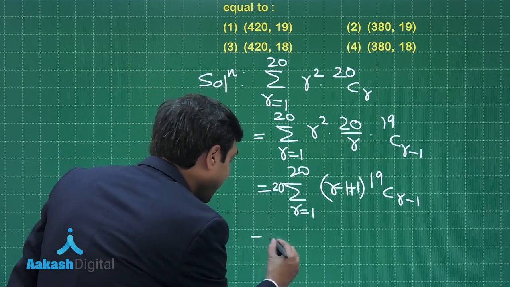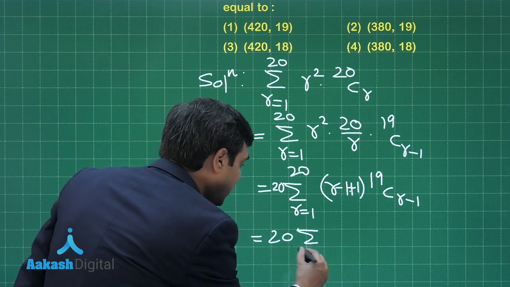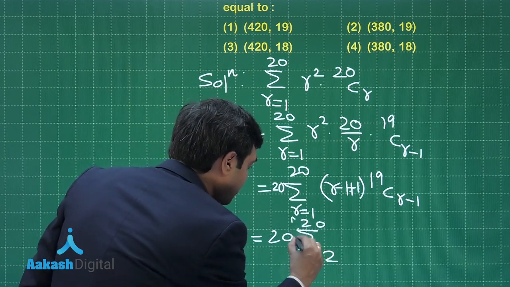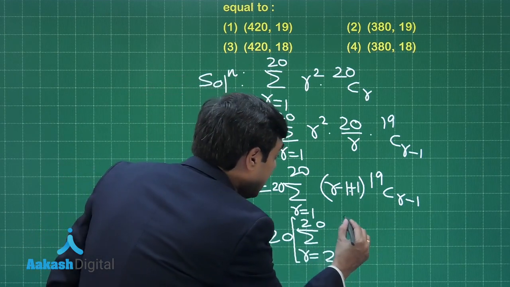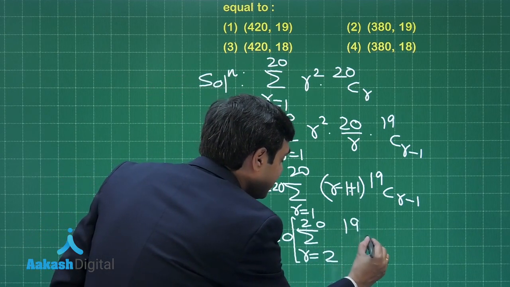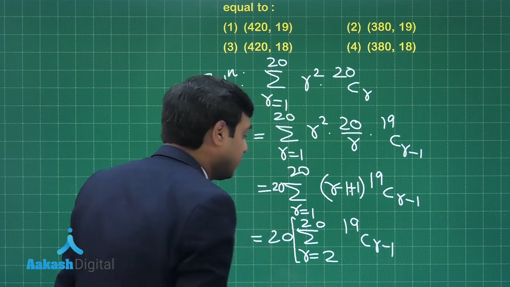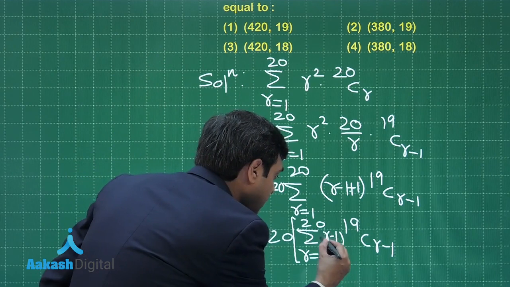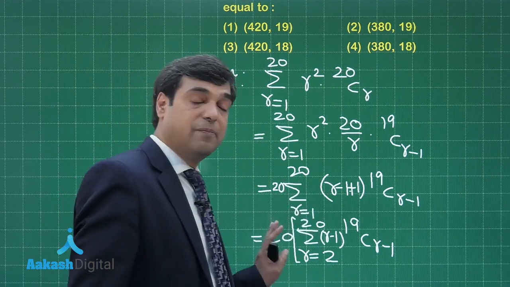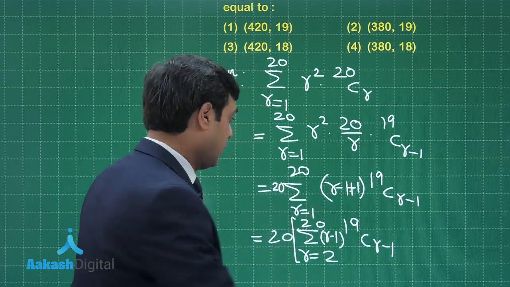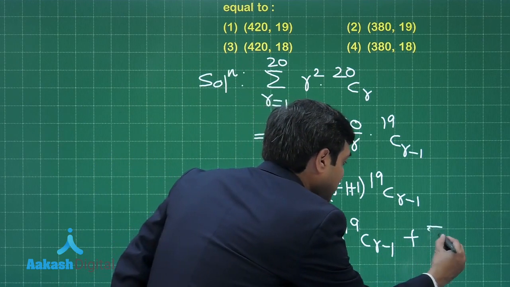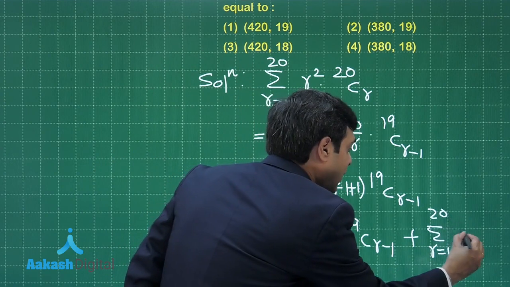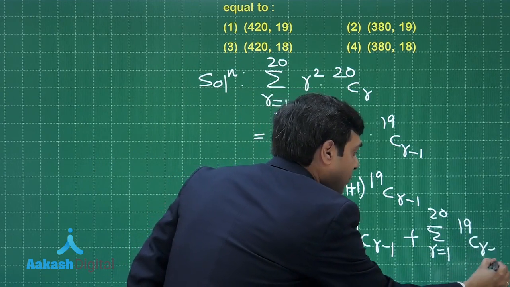So you can break it as 20 into summation r is equal to 2 to 20, let's put it in a bracket, then 19 C r minus 1, because r minus 1 is also in multiplication. For r equals 1 it becomes 0, so let's start from 2 only, plus summation r is equal to 1 to 20 19 C r minus 1.